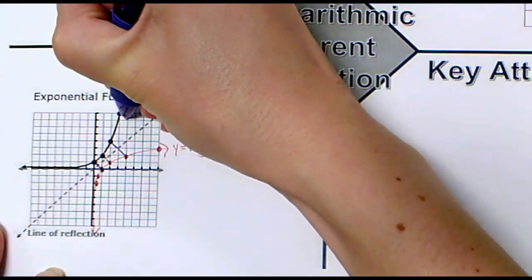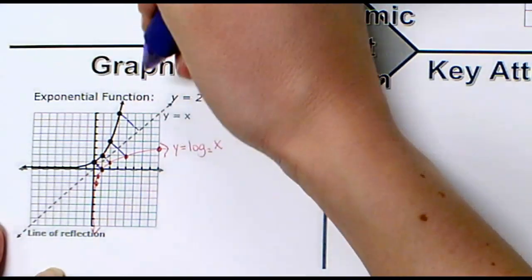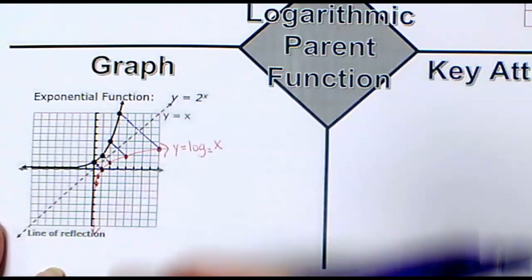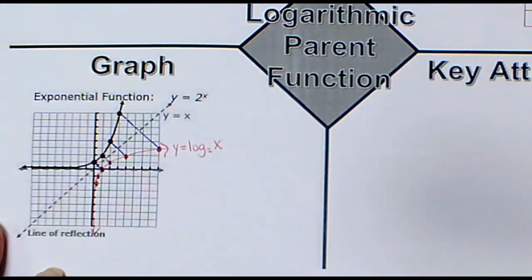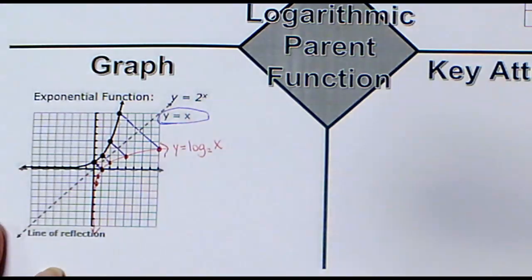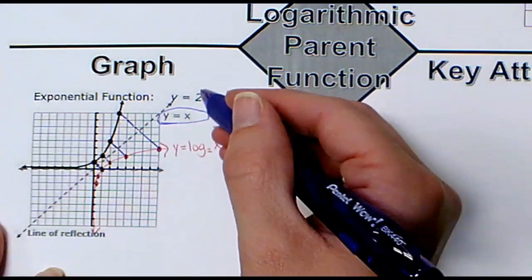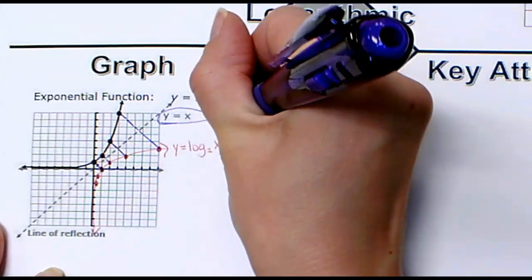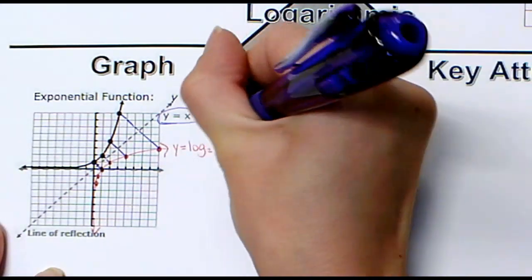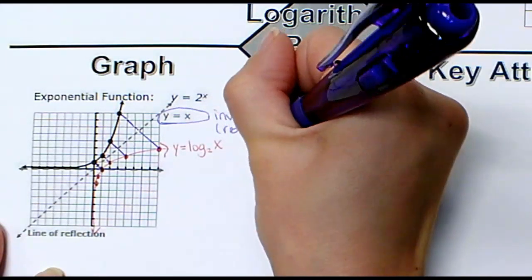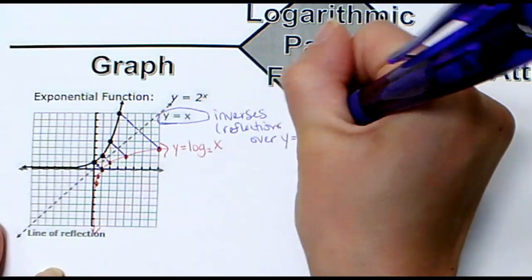So the same distance. Because these are reflections of each other over the line y equals x, that solidifies that the exponential parent function and the logarithmic parent function are inverses.